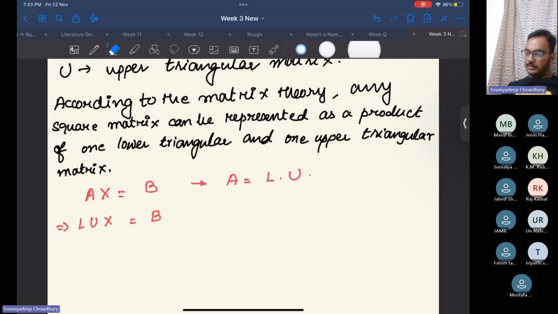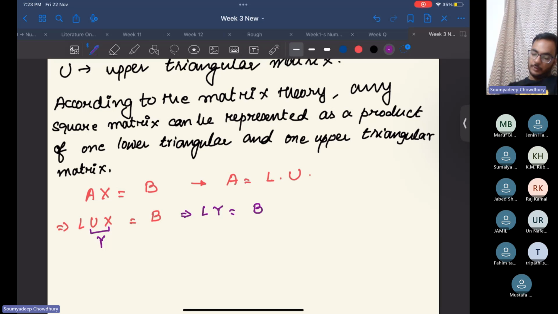So now what we do is this matrix U into X, we represent as another matrix which is Y. So that will give me L into Y equals B. You know L, you know U, and now Y is another matrix we are introducing, which is the product of U and X. So LY equals B, and now Y will be equal to L inverse B. So from this we can find out Y, right?